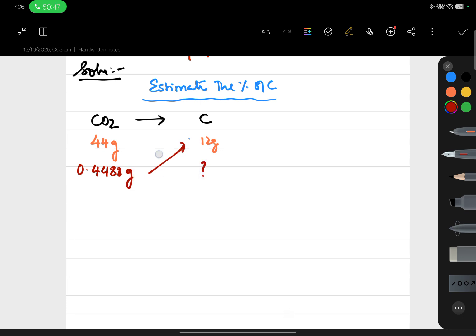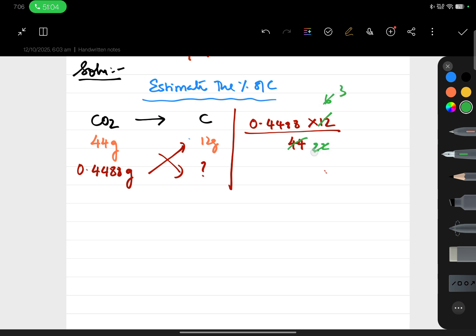How do you calculate? Cross multiplication technique. So what do we get? 0.4488 into 12 by 44. You can cancel it, no? 6, 22, 3, 11. So finally, what is the answer?